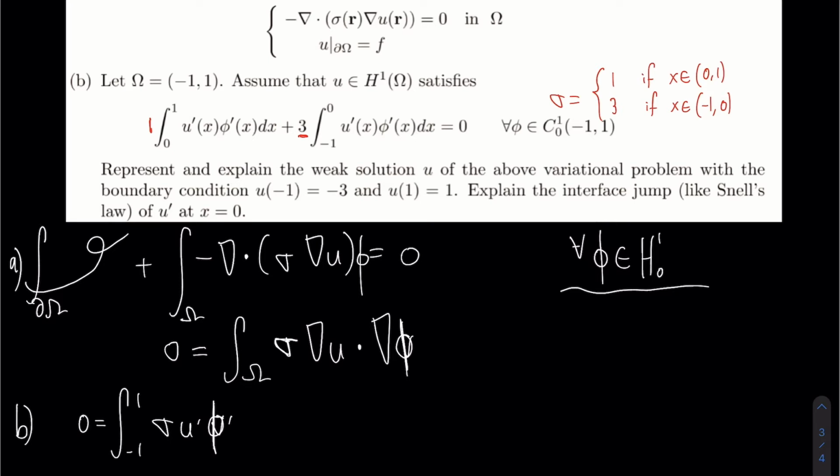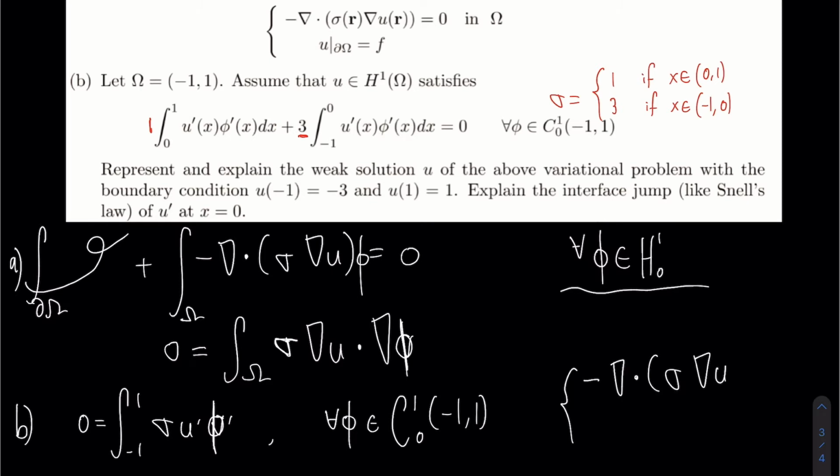The problem says that this is equal to 0 for all continuous phi that are 0 on the boundary. Now, this should mean that negative the second derivative of u is equal to 0.